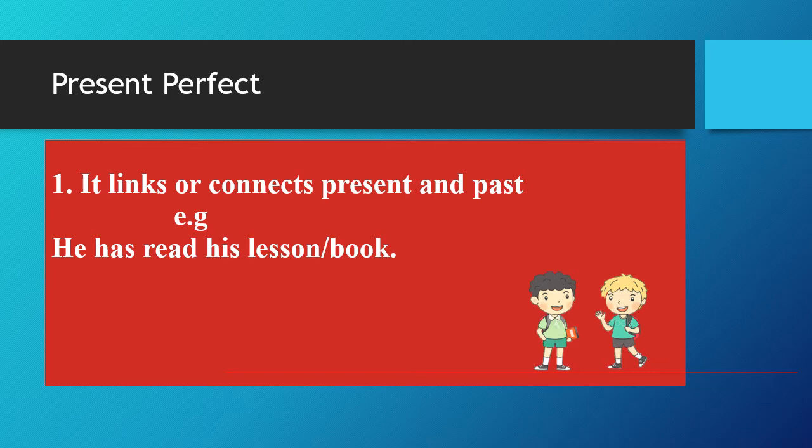He has read his book या और he has read his lesson. वो अपनी किताब पढ़ चुका है. Next example is I have packed my bag. Dear students, whenever you are in class and you've been instructed to pack your bags, तो अपना बैग पैक करने के बाद आप कहते हैं I have packed my bag, right? मैं अपना बैग पैक कर चुका हूं.